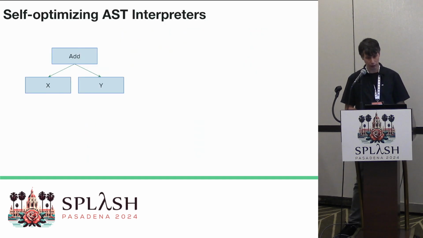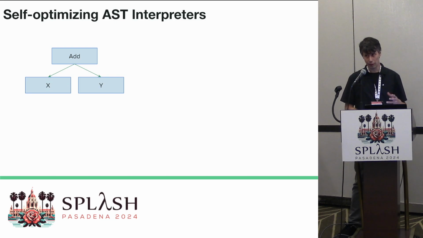And just a few words for the self-optimizing AST interpreters. What they do, in Truffle, is that instead of having feedback vectors, they store the information in the AST nodes, and these AST nodes get rewritten as they see different types, different information.